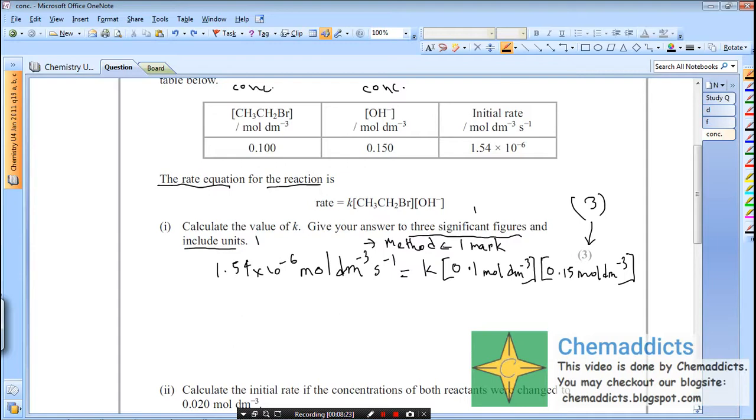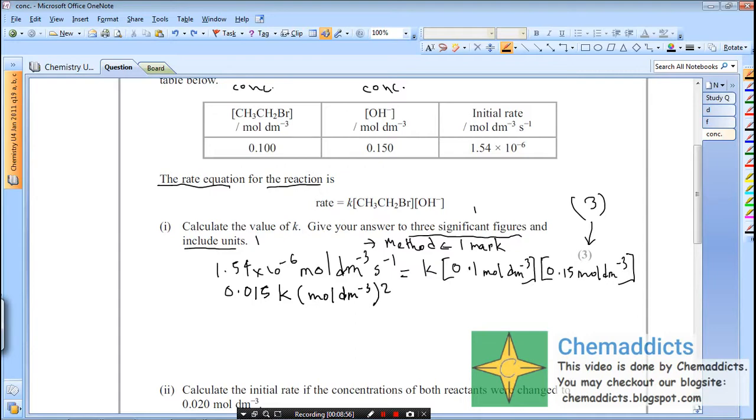Let us do a little bit of algebra over here: 0.015 k, mole per dm cube squared.